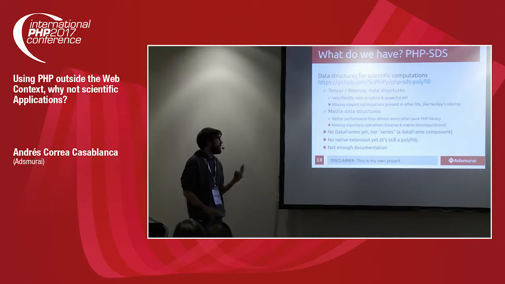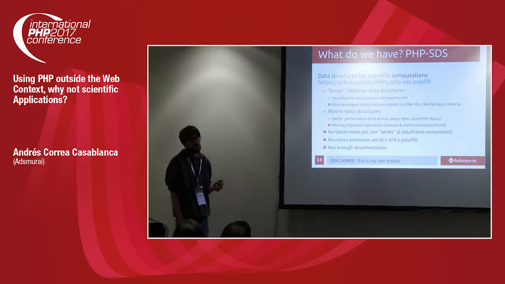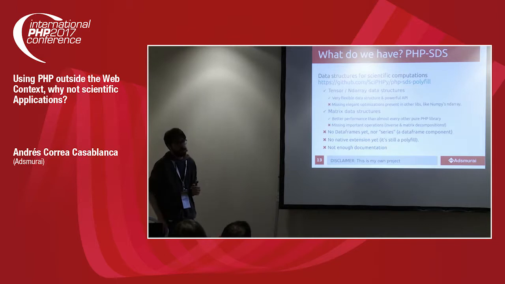So we have two things implemented right now, which are tensors or ND arrays, and matrix data structures. Tensors or ND arrays are multidimensional arrays that have many special features. We can reshape them. We can operate between them.